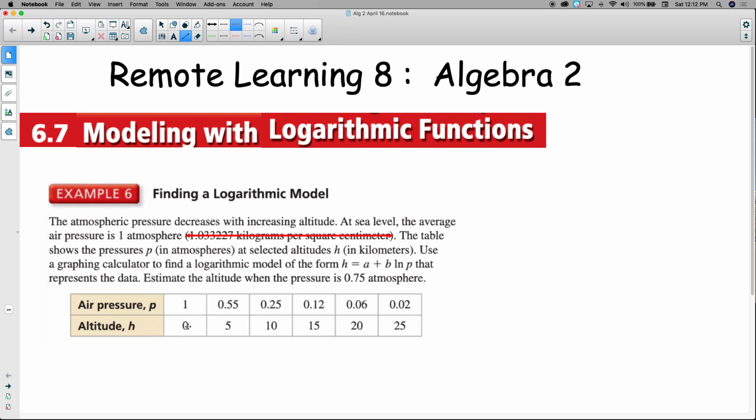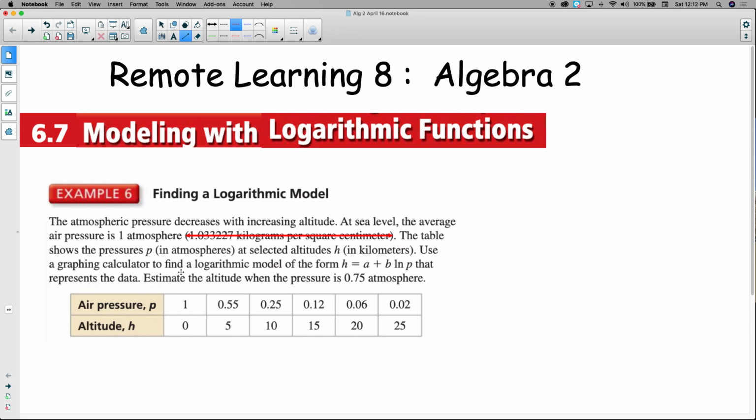Here is sea level altitude 0, and there's 1 atmosphere of pressure. And then as you move up in altitude, these numbers get smaller and smaller. Okay, so the table shows the pressures at selected altitudes, measured in kilometers, I might add.